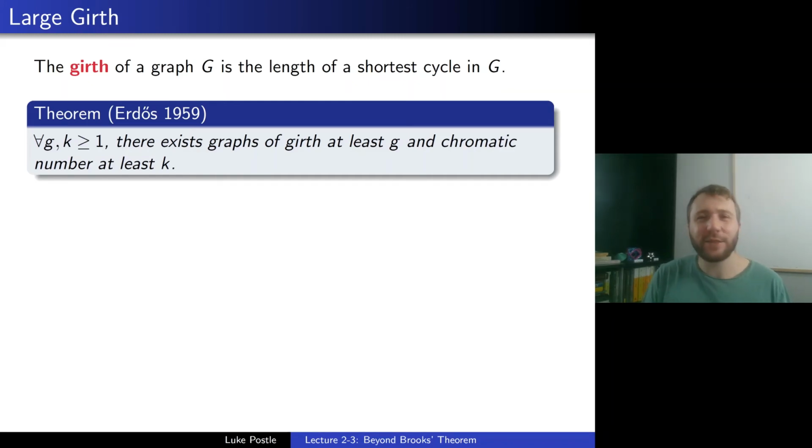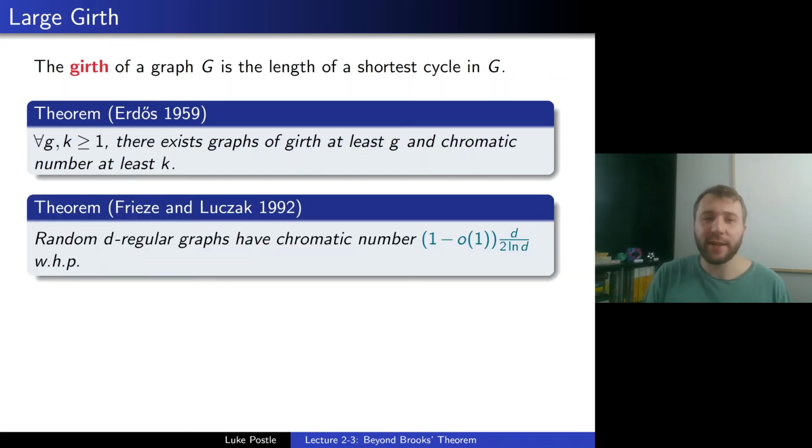So that is telling you, okay, we can get high girth and high chromatic number, but how does that relate to our thing about degree? So what if you fix the maximum degree? Maybe you can do much better than Reed's. Well, actually, Frieze and Luczak in 1992 had shown that if you take d-regular graphs, in particular random d-regular graphs, so I won't tell you what those are, but there is some model which tells you how to randomly sample d-regular graphs, and you can study that with probabilistic methods.